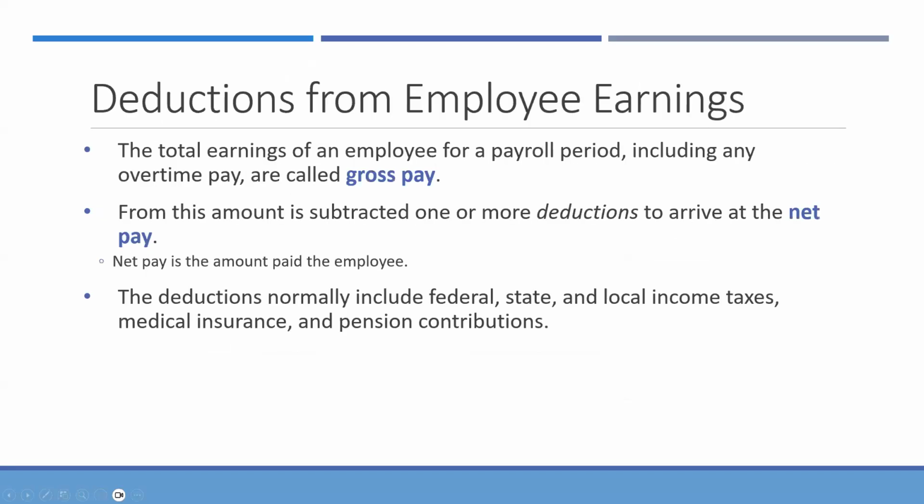John is the one paying all these federal, state, local, medical insurance, and pension contributions. That's all John's expenses. We're simply collecting it and paying it to the government or the insurance company or the 401k servicer for John. So we have to divide our payable to all those different line items for John.